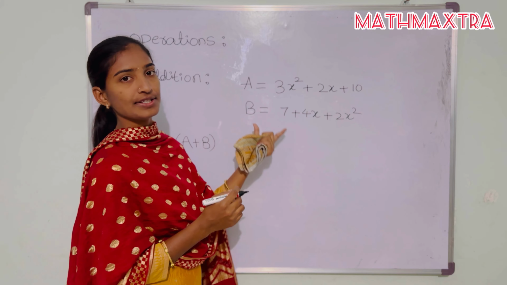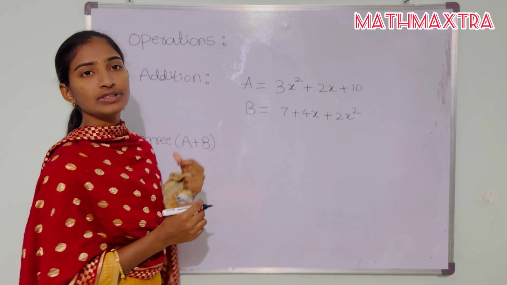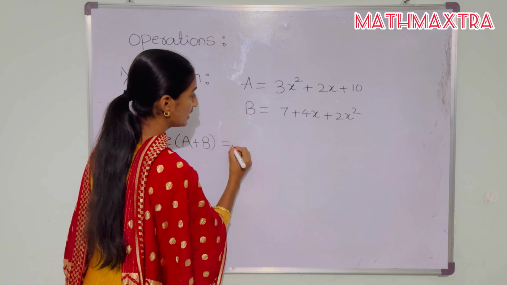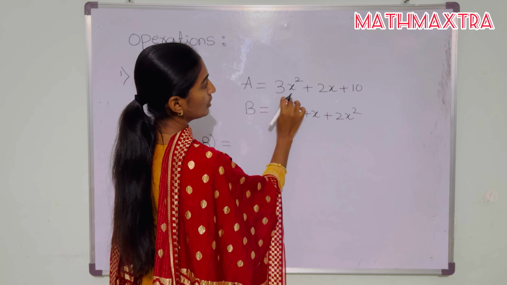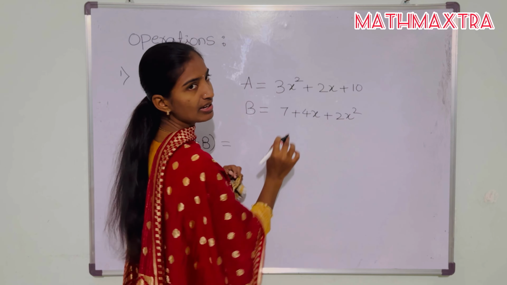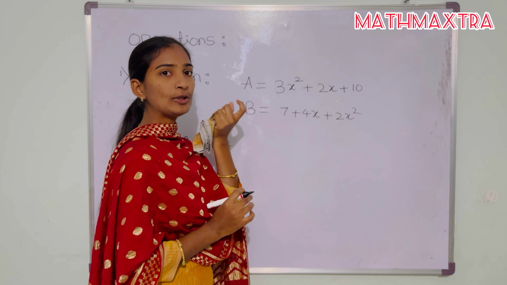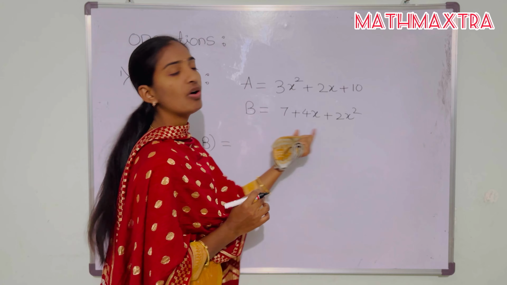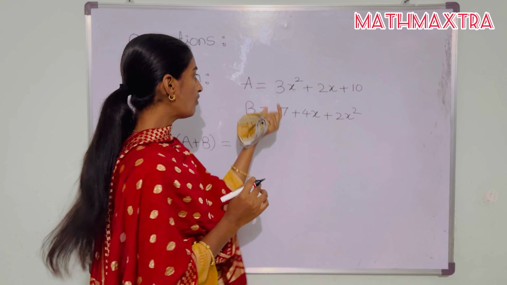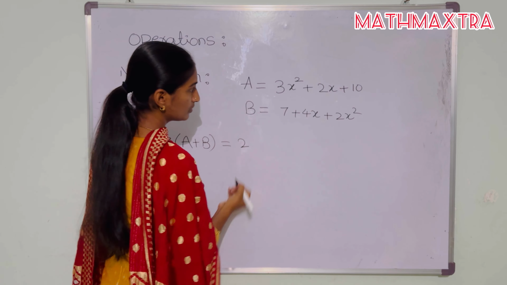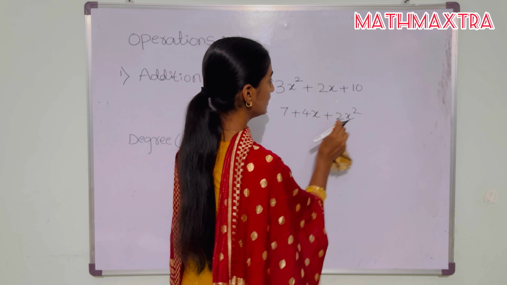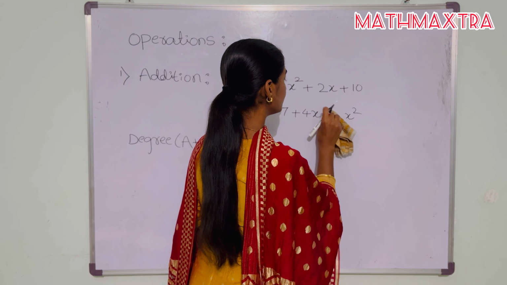Now we are adding these two. So what is the degree of this? What is the degree of this? So if you add, what happened? 5x square. So x square, the exponent 2, is the maximum of all the terms. That is why the degree of A plus B is what? 2.